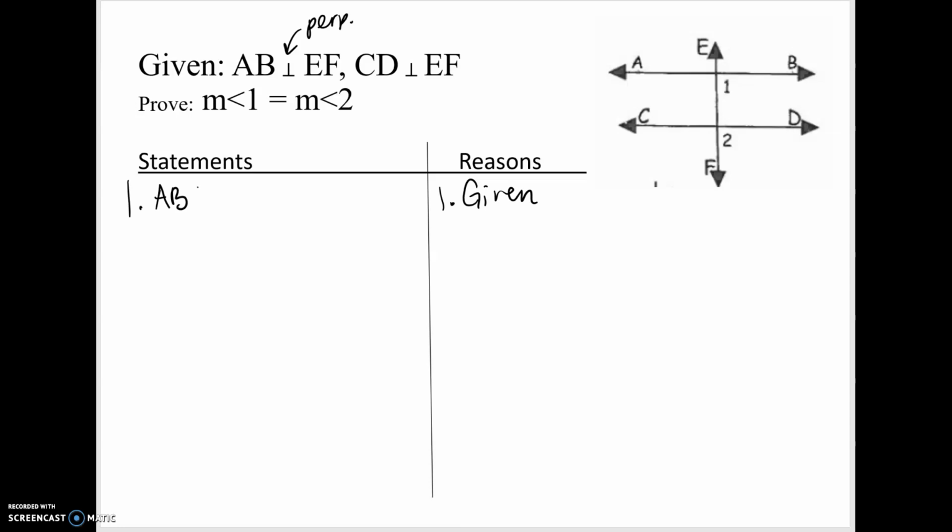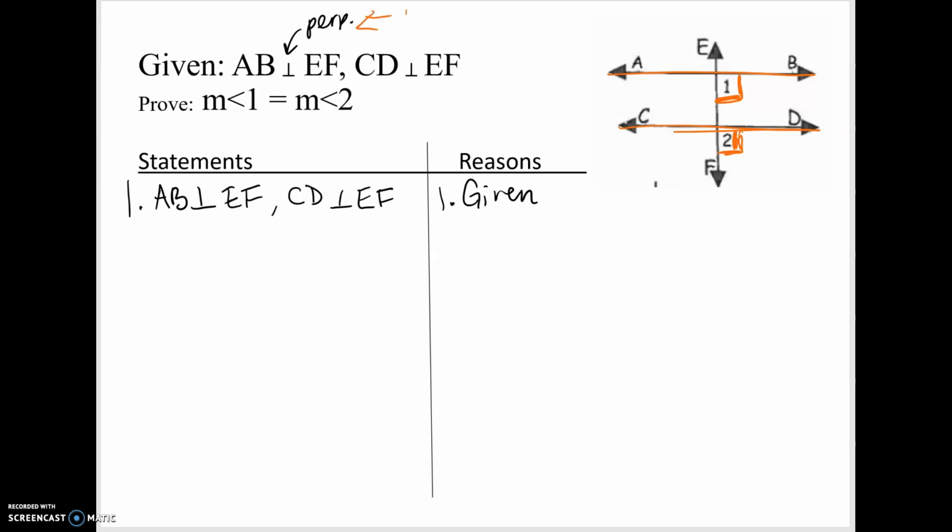So AB is perpendicular to EF and CD is perpendicular to EF. So if I look at my picture, AB perpendicular to EF tells me I have a right angle there. And CD perpendicular to EF also gives me a right angle.